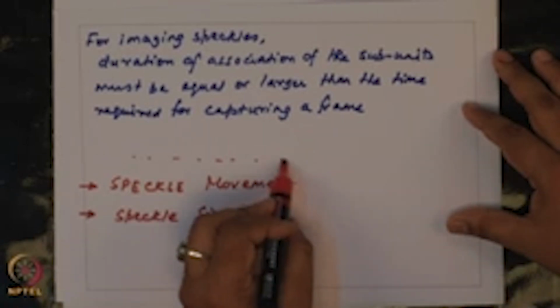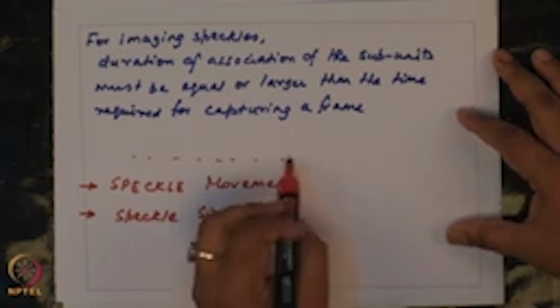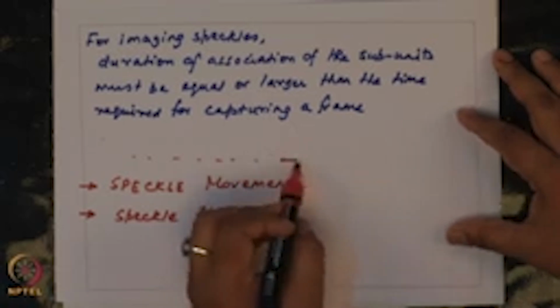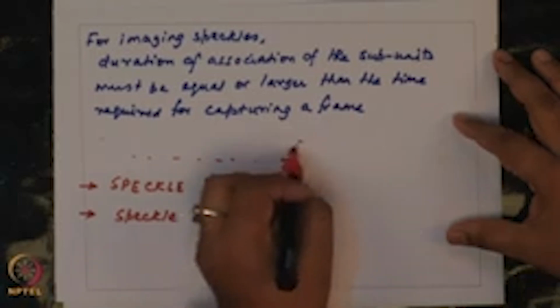So, if locally this particular speckle is growing in size, then I know that there is some polymerization event going on.